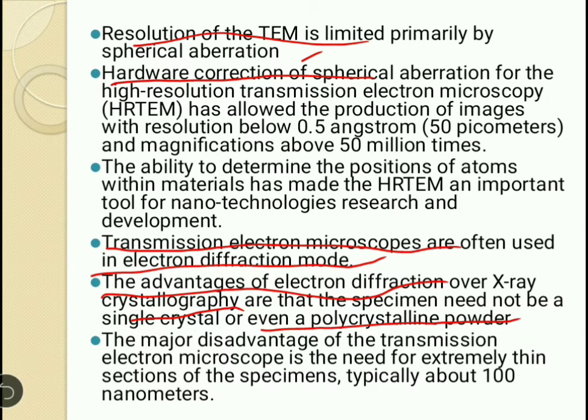So any type of specimen can be observed and studied by using a TEM type of electron microscope. Now the major requirement of the TEM is the need for an extremely thin section of specimen, typically 100 nanometers, that can be observed. So these are the various advantages.